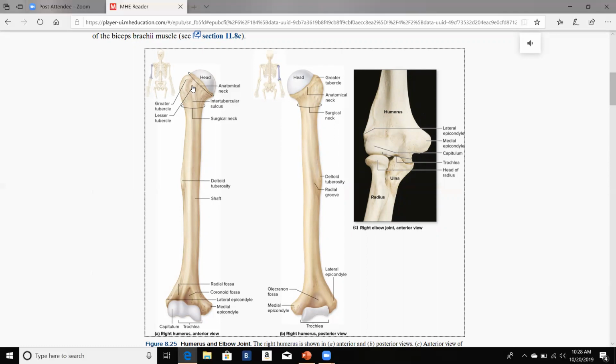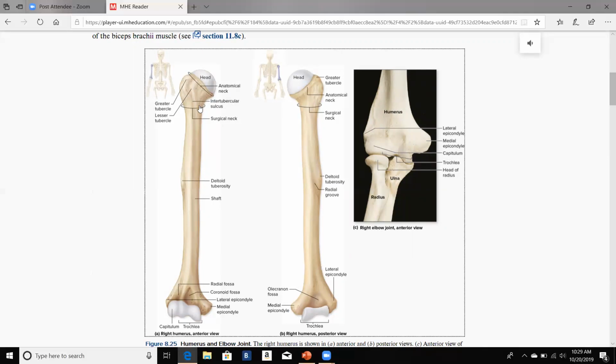Two structures you need to know firsthand is your anatomical neck of the humerus. It is located right around the head of the humerus. And then as you get further down, you'll see what's called the surgical neck. So one's located around the head and one is further down.